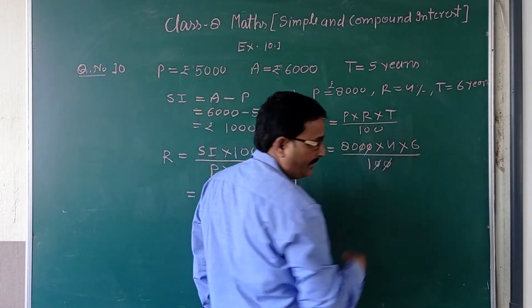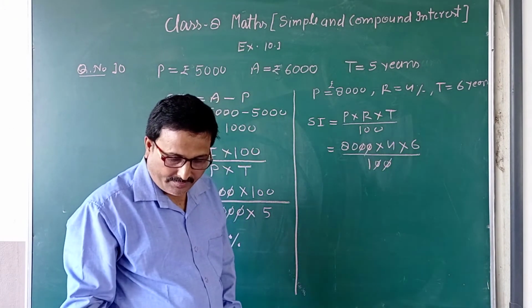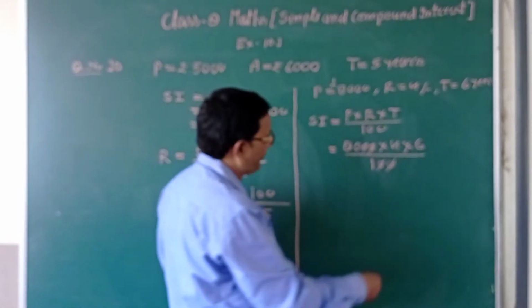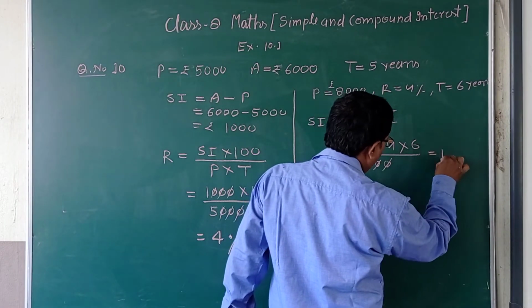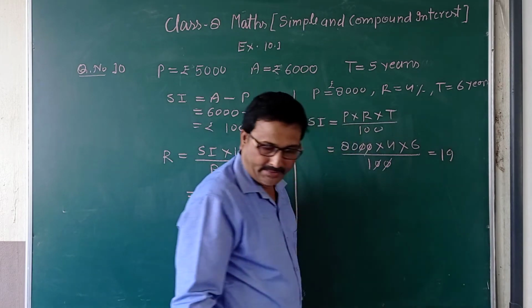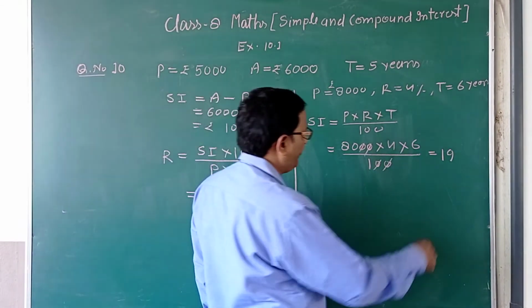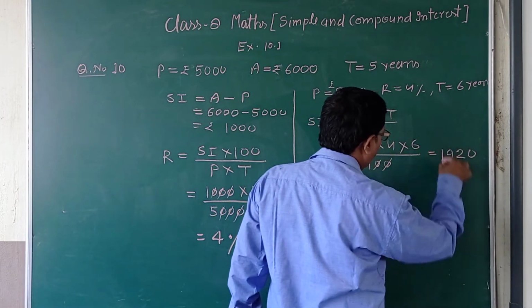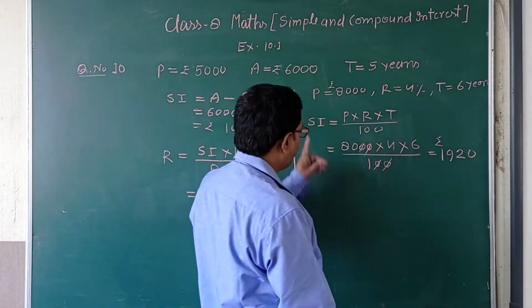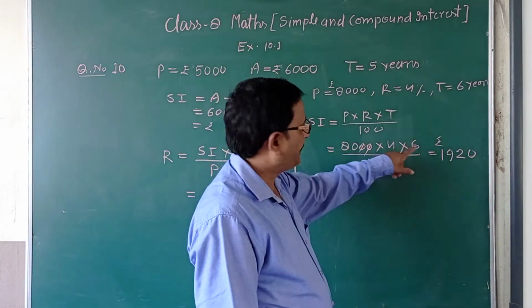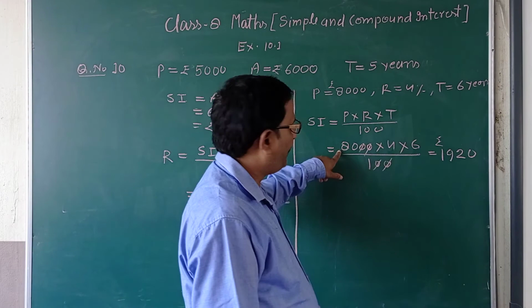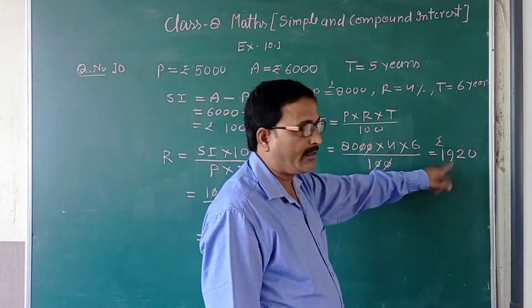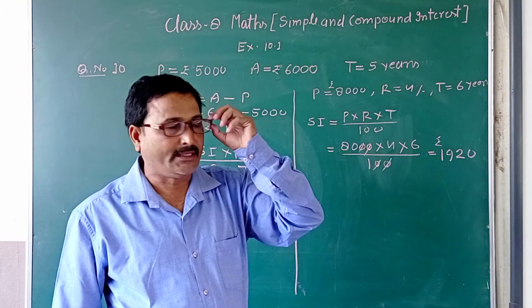Now it will be multiplied, and it will be 1,920 rupees. This 6, 4 6s are 24, 24 multiplied by 80. That will come 1,920 rupees.